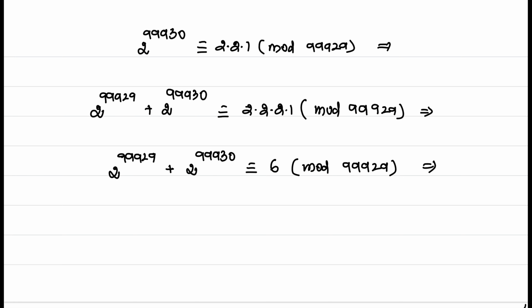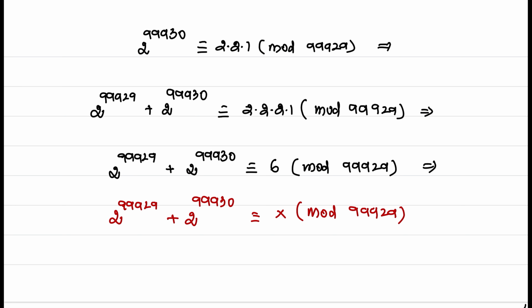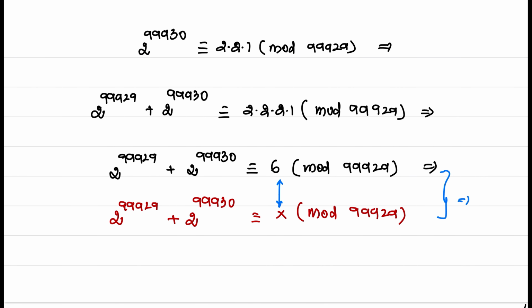That is compared with the given question, 2 to the power of 99929 plus 2 to the power of 99930 is equivalent to x mod 99929. Comparing these two, we get the value of x is equal to 6.